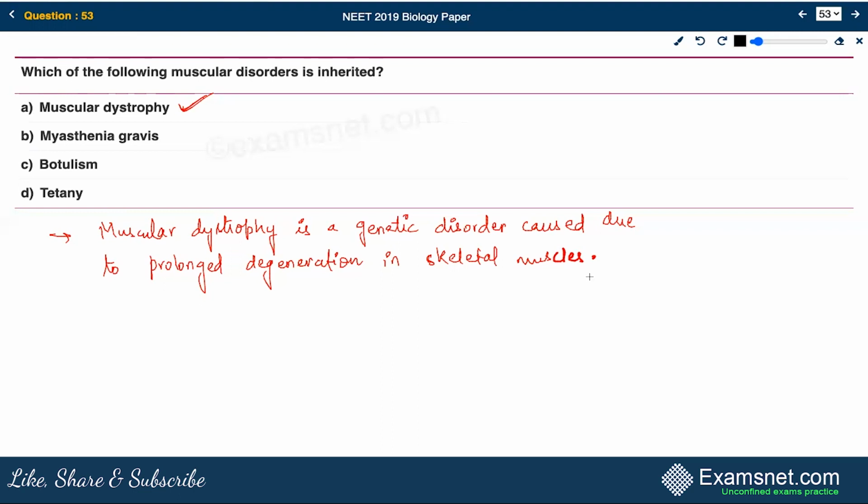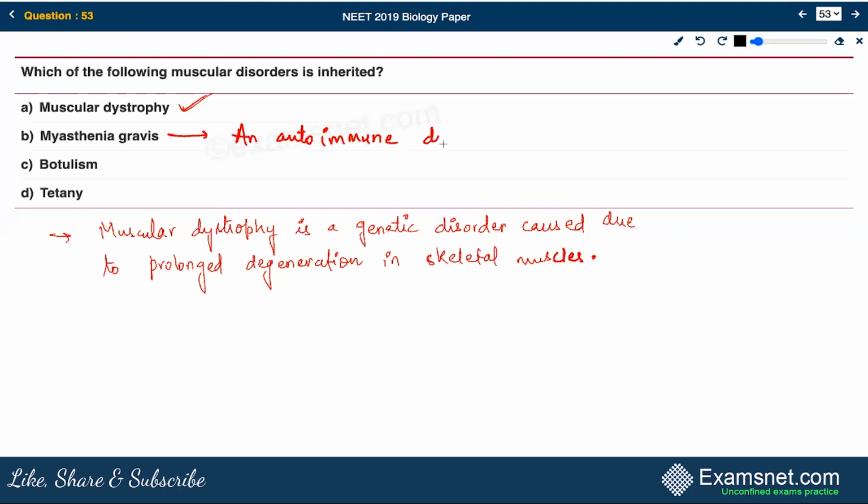Now let me tell you about tetany, botulism, and myasthenia gravis. Myasthenia gravis is a kind of autoimmune disorder, and this is actually not inherited.